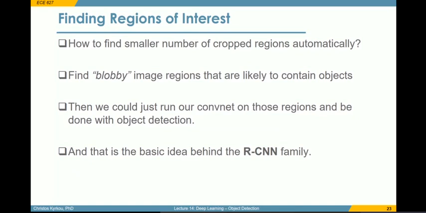Region proposals are basically smaller cropped regions in the image that have a blobby shape, like a silhouette, for example. We can find them by combining together different low-level features like edges or color to give us an indication, like a low-level segmentation. And then we use a CNN to classify each of these proposals. This is the basic idea that the RCNN family tried to investigate and improve.